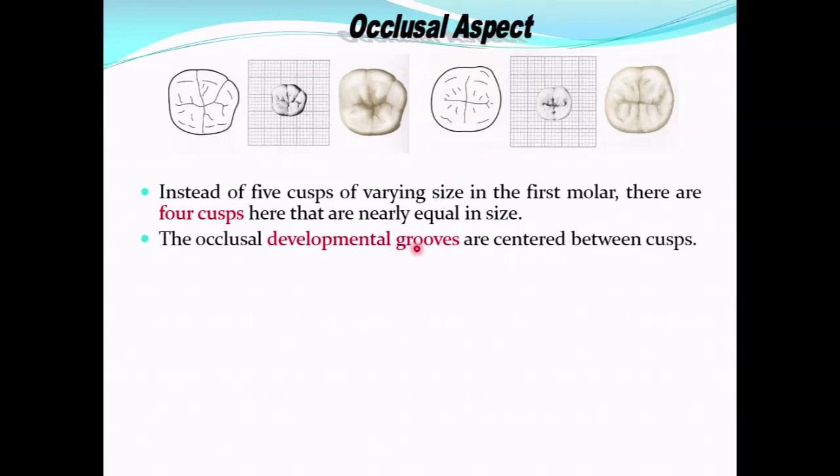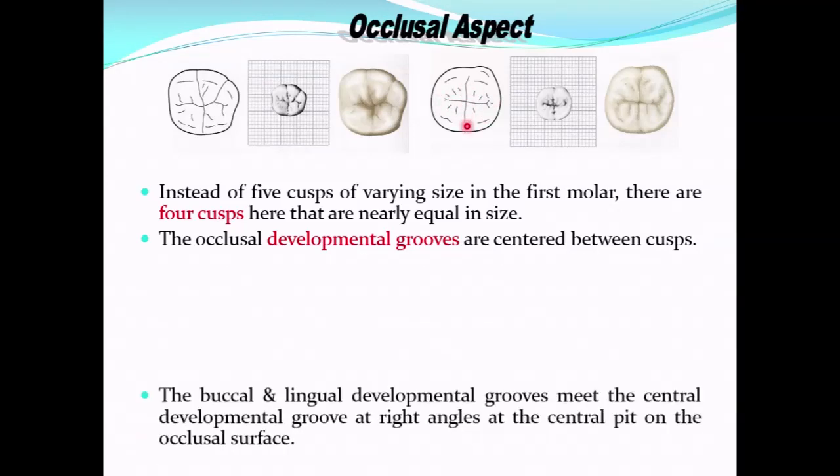The occlusal developmental grooves are centered between the cusps. Here, how many developmental grooves do I have? Central, mesiobuccal, buccal, lingual. Here, the developmental grooves are centered between the cusps: the central groove, buccal groove, lingual groove.